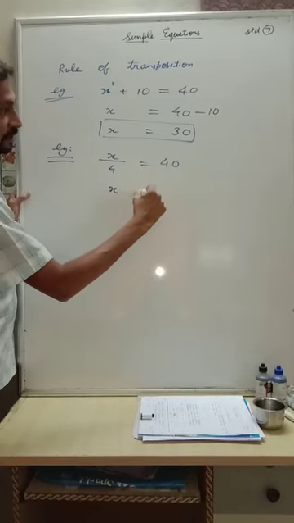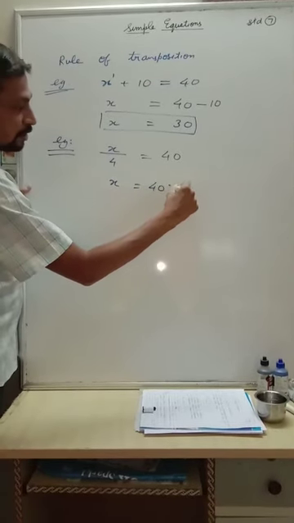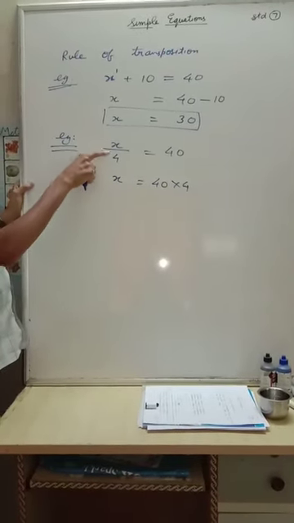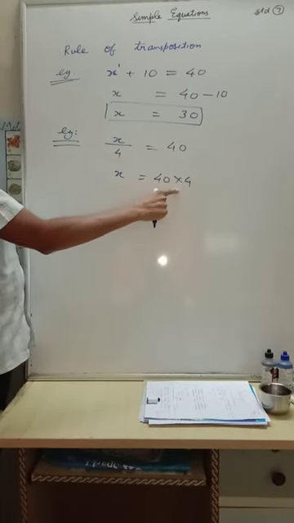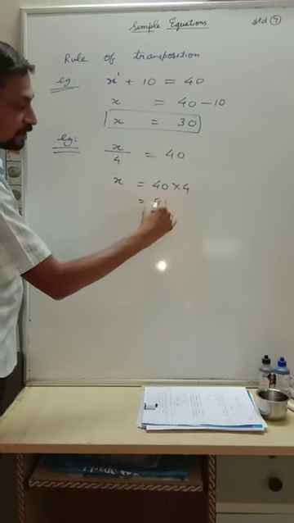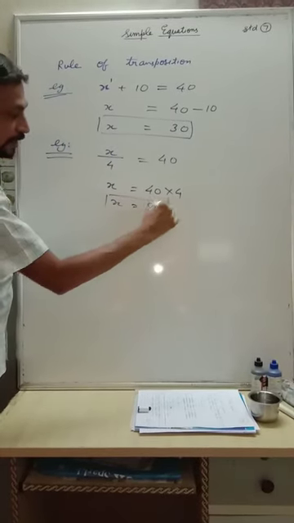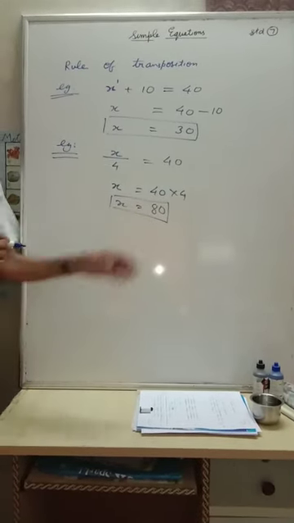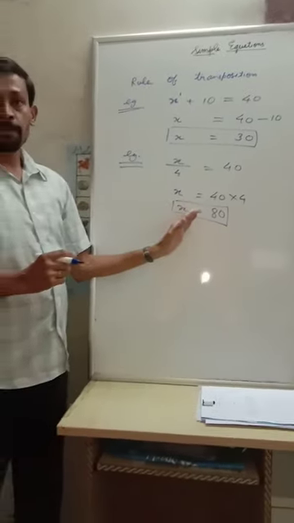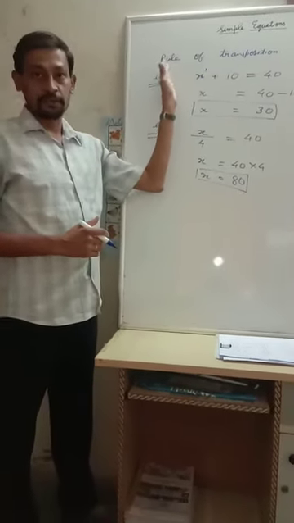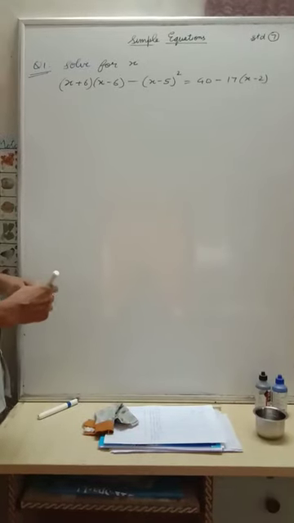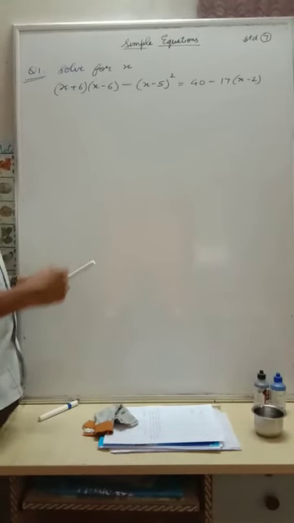So x is equal to 40 multiplied by 4, because it was division on the left hand side, so now it becomes multiplication on the right hand side. The answer is x equal to 80. This is basically the concept of transposition. You need to understand this and apply it in all the numericals. Fine friends, let us start with some examples.